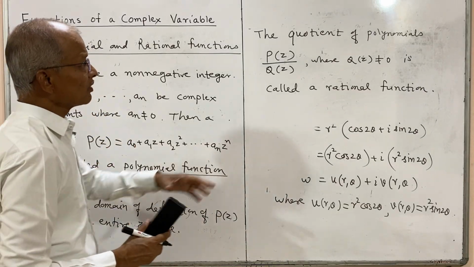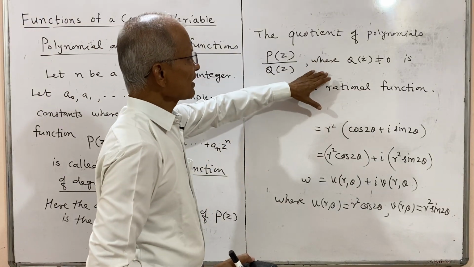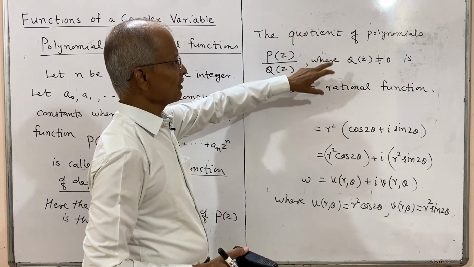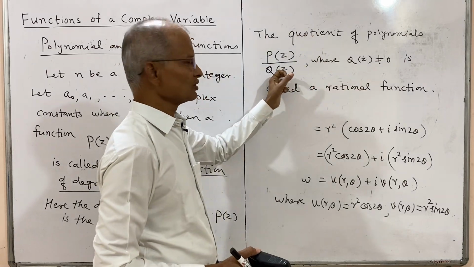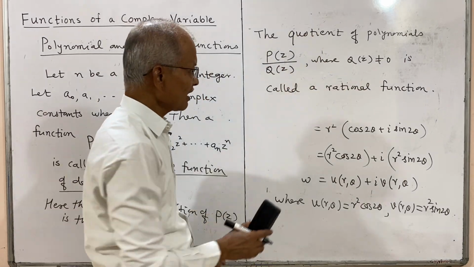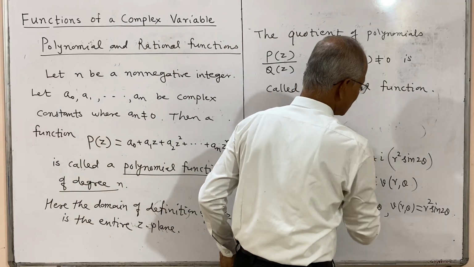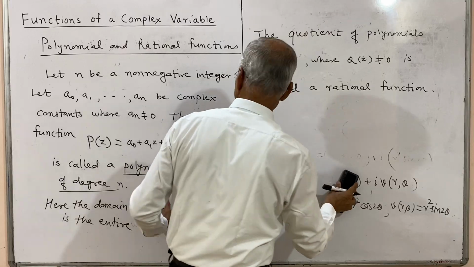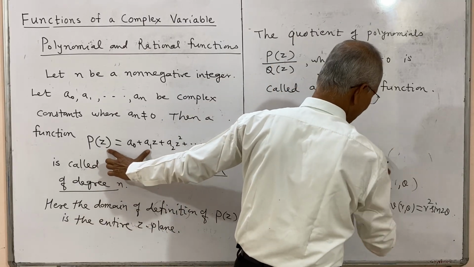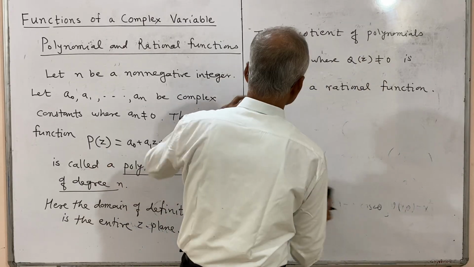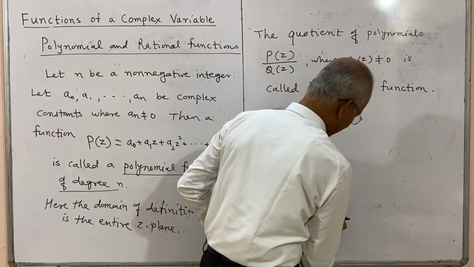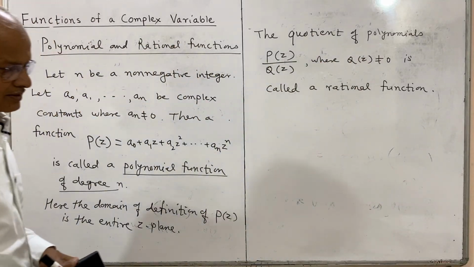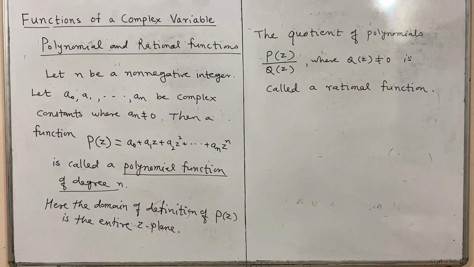And for the rational function, the domain of definition is all those numbers for which q of z is not 0, because it is in the denominator and the denominator must not be 0. So these are called a polynomial function p of z expressed in this form, and this quotient form is a rational function. Now we shall have some examples of functions and express them in real and imaginary parts.